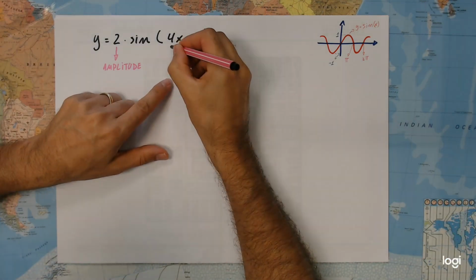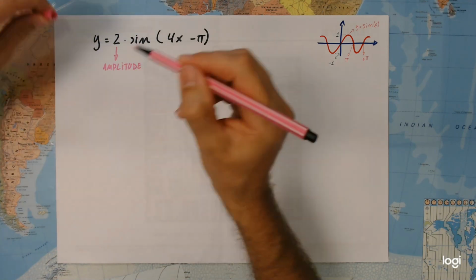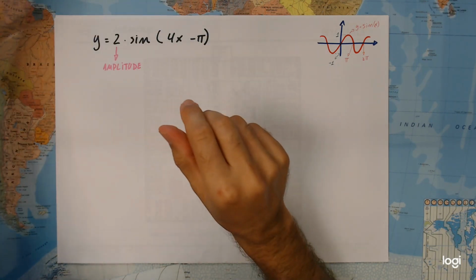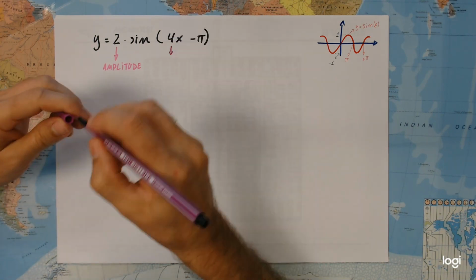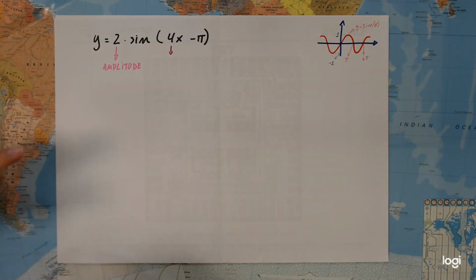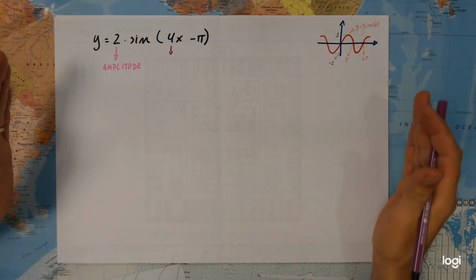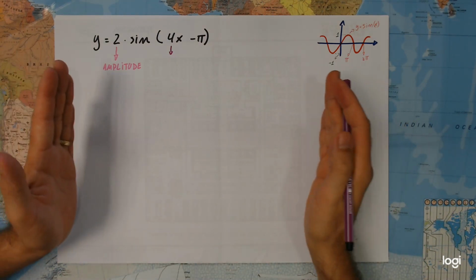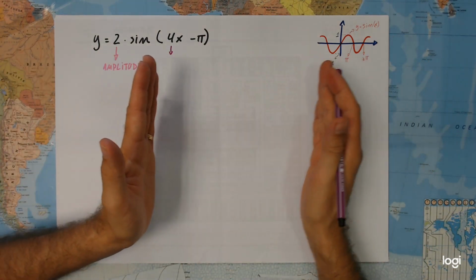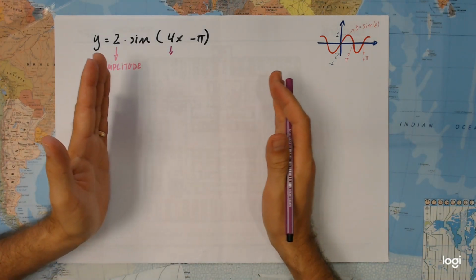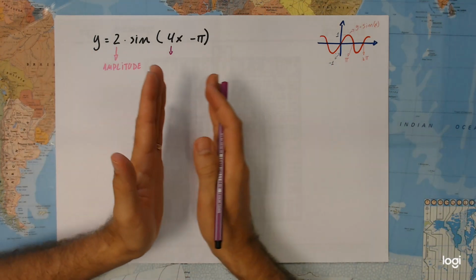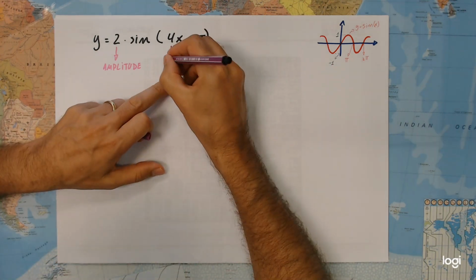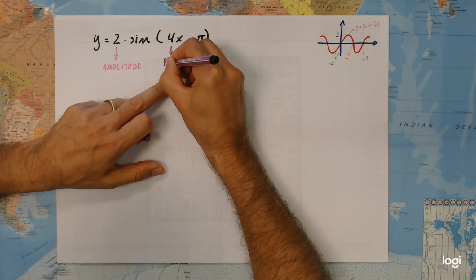What about this one? Let's change colors. What about this one in here? Well, this one is going to change the periods. We're going to shrink or amplify the function in this way, okay? So this is going to change the periods.